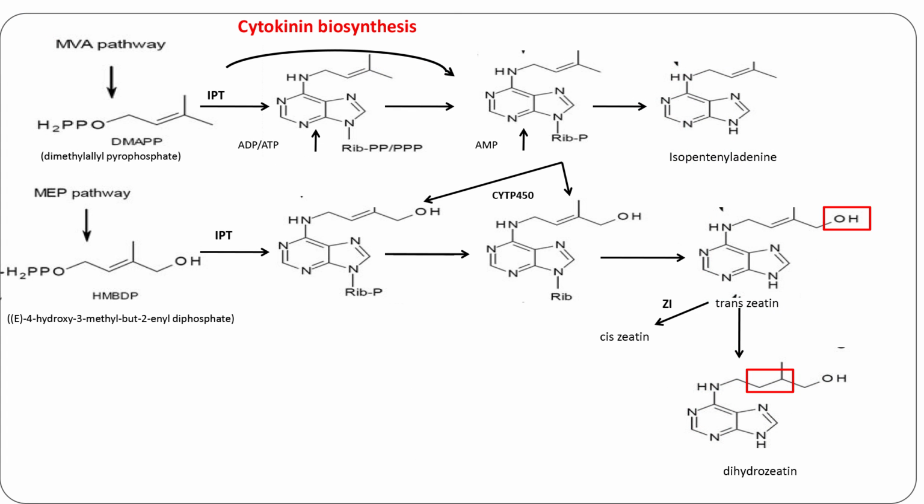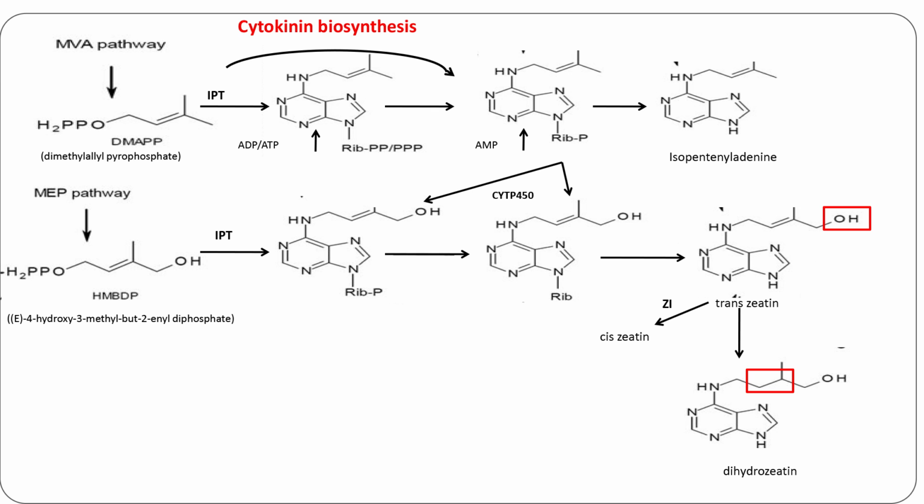In this slide, we are going to talk about cytokinin biosynthesis. The isopentenyl side chain of the cytokinin isopentenyl adenine is added to adenine ribonucleotides by the enzyme isopentenyl transferase or IPT. The ribose sugar or sugar phosphates are removed by phosphoribohydroxylases.